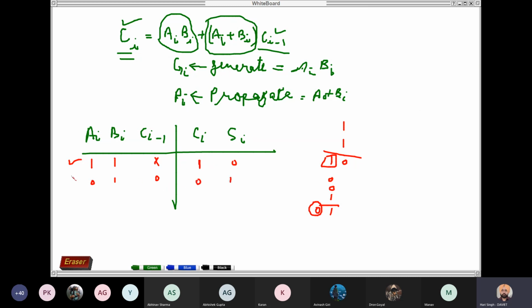If we consider the same combination 0 1 and the previous carry as 1, then sum will be 0, which we are not concerned about, but carry will be 1. Now you can see that whatever is the value of Ci minus 1, it is being propagated as Ci. Whatever the value of Ci minus 1, the same value comes at Ci. If it is 0, 0 comes. If it is 1, then 1 is being propagated to the place of Ci.